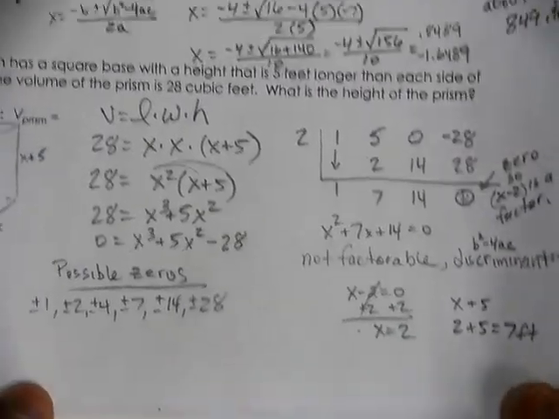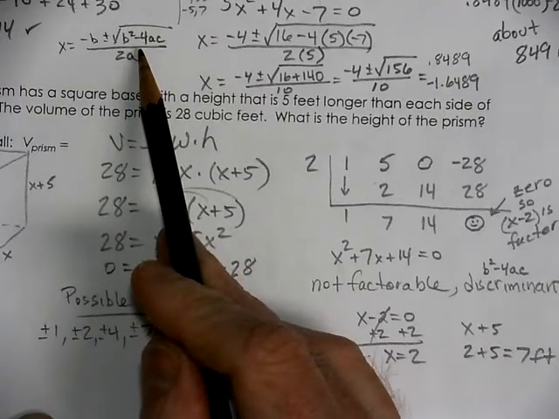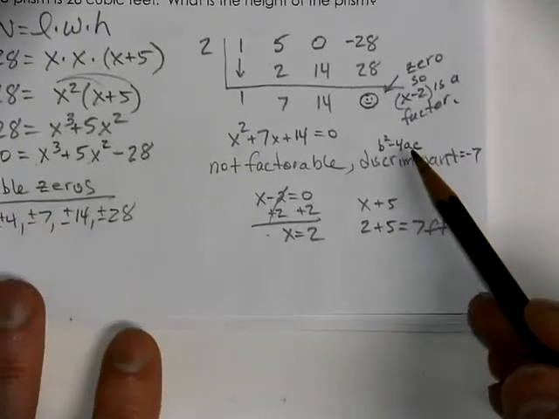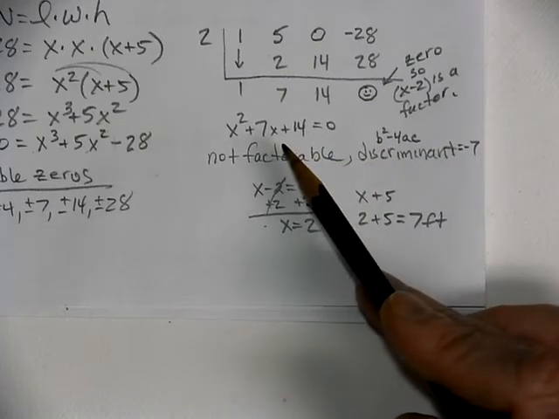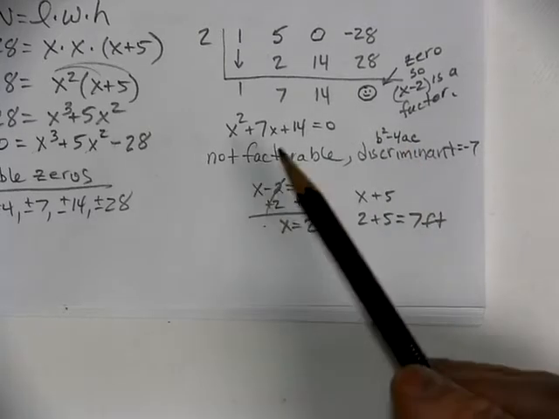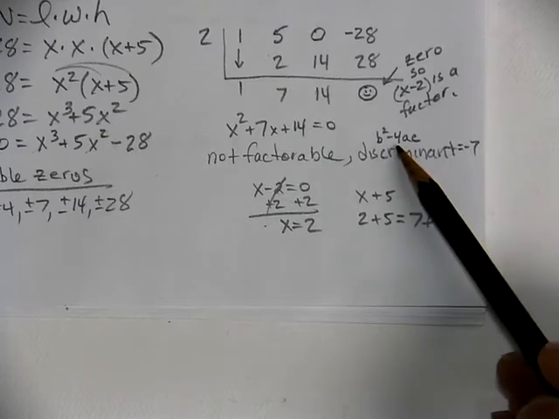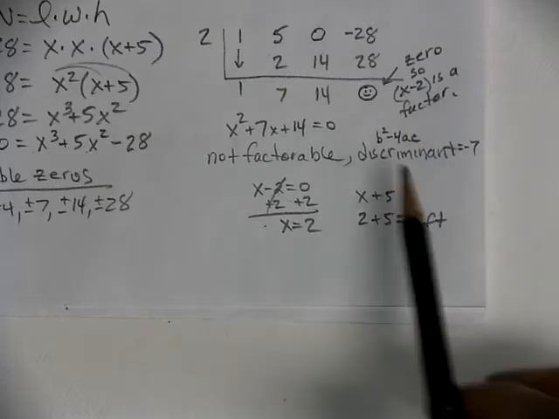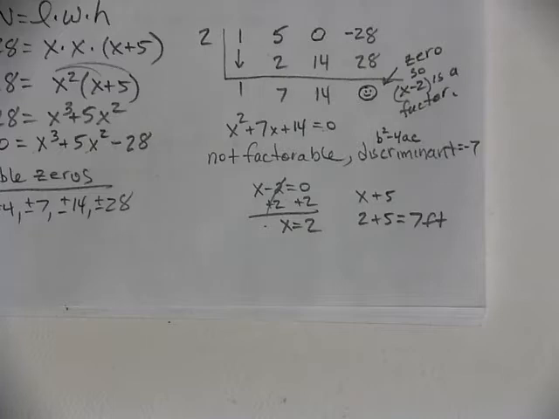And that's the part of the quadratic formula that is underneath the radical. And if that discriminant was a positive number, then we would have had two possible answers coming out of this quadratic. If we would have had a 0 as this discriminant, we would have had one possible 0. We had a negative out of this quadratic, which means no possible zeros. So that's why we eliminated any more possible calculations from the quadratic.